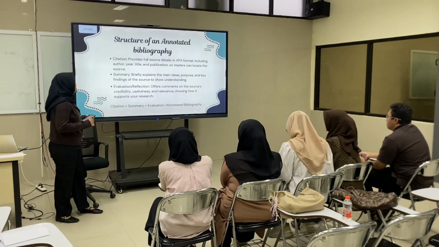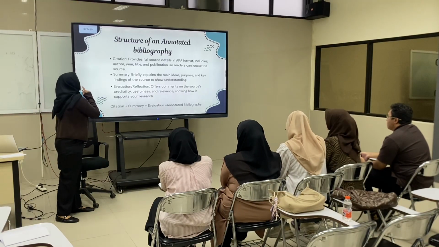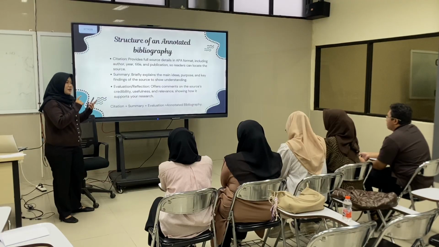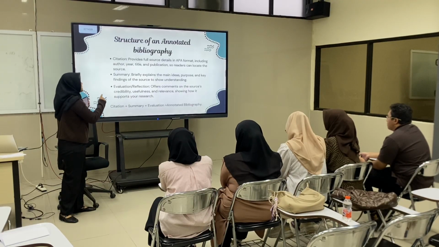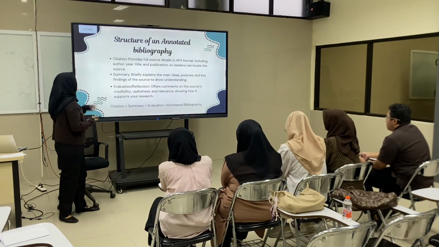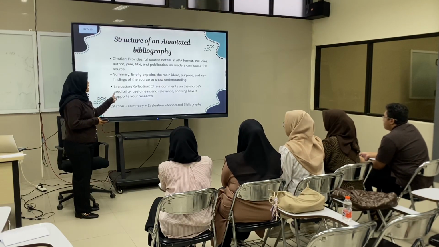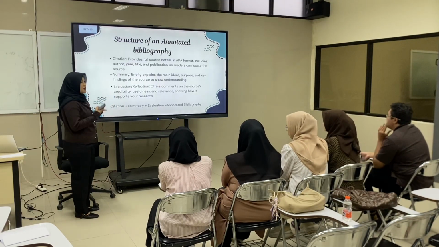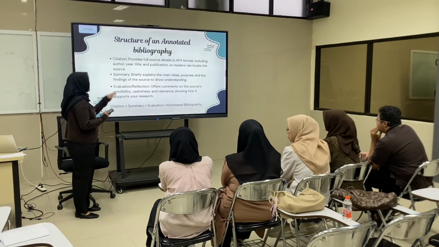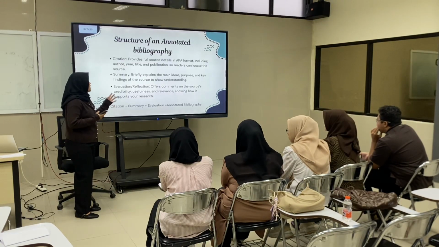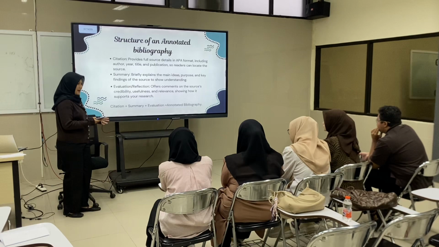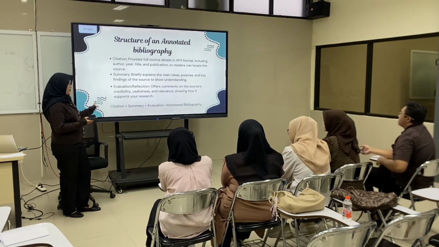Now, let's look at the structure. Every annotated bibliography has three main parts. First is citation. Provide full source details in APA format, including author, year, title, and publication, so readers can locate the source. And the second is summary.